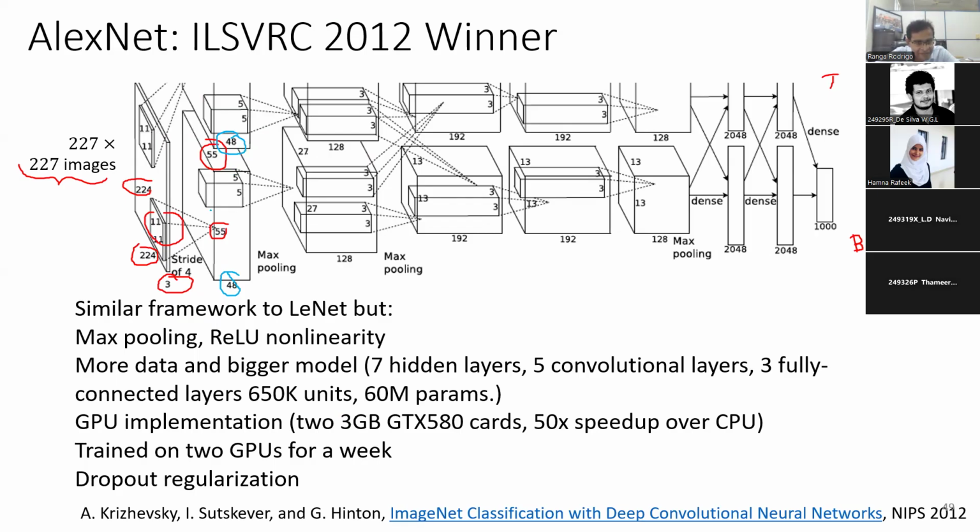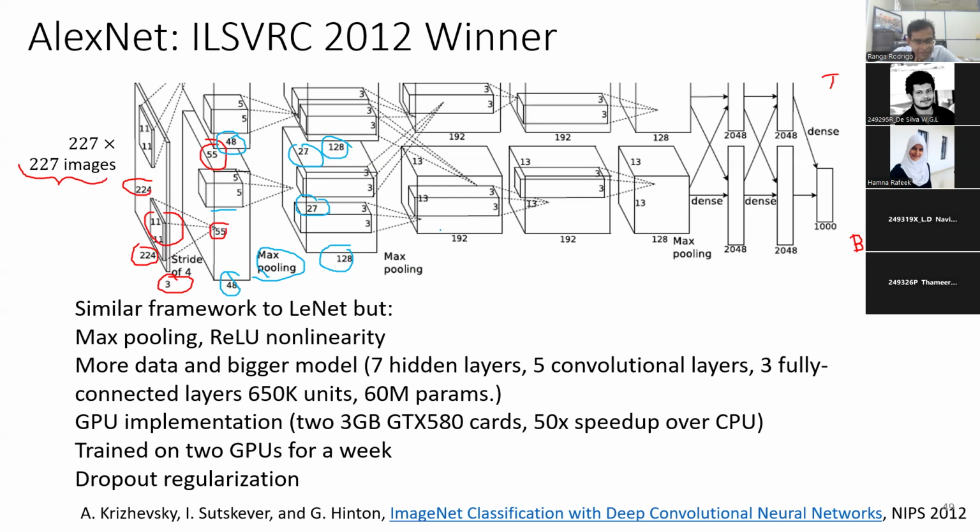Then they had 5 by 5 convolutions, giving rise to 27 by 27. So the structure is being reduced. Max pooling also. Convolutions after that, max pooling. They had 128 of those in the top and in the bottom.